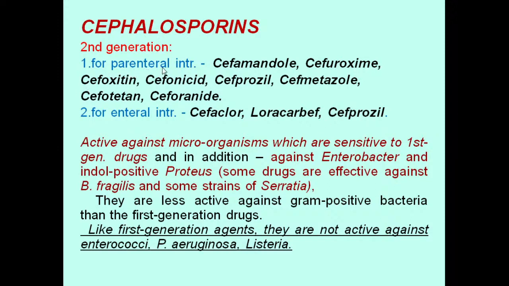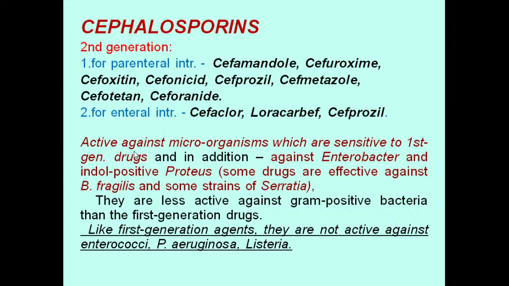Second generation. For parenteral introduction, we can use nowadays cefamandole, cefuroxime, cefoxitin, cefonicid, cefprozil, cefmetazole, cefotetan, ceforanide. And for oral introduction, cefaclor, loracarbef, cefprozil. Second generation is active against microorganisms which are sensitive to first generation.